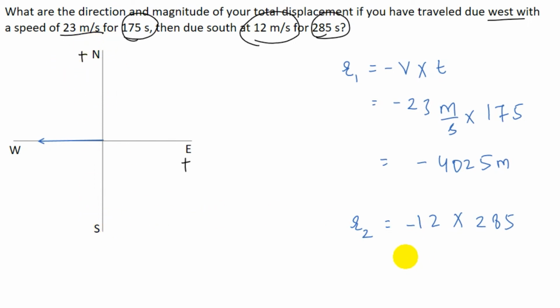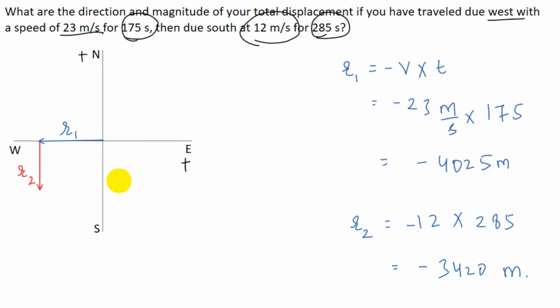So this value comes out to be minus 3420 meters. Now let me represent this on the figure also. This is R2. And this was R1.